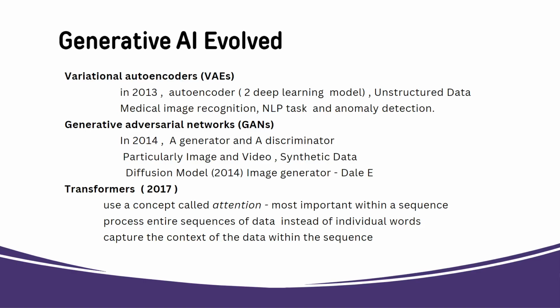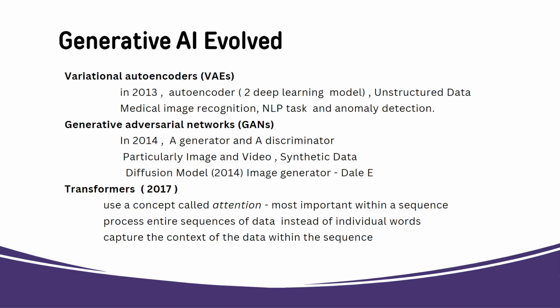In 2013, the first variational autoencoders appeared, and they performed specifically medical image recognition and NLP tasks. But it has two models inside the encoder, and they work with unstructured data.